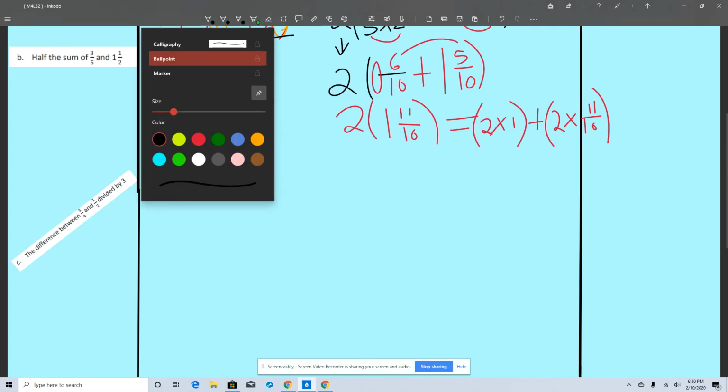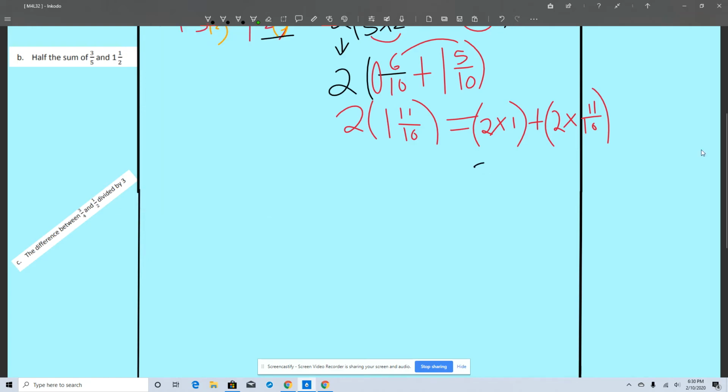So it's going to be 2 times 1 equals 2 plus, we know that 2 times the 1, the 2 has the 1 as a denominator. So 2 times 11 equals 22, and 1 times 10 equals 10. And when we do the math for these two problems, I'm just going to scoot over this way a little bit.